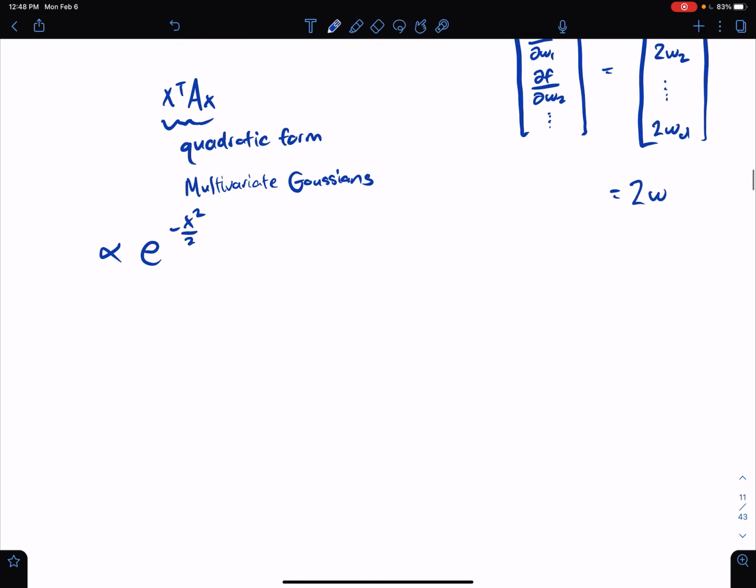It's called a quadratic form, and you should think of it as a mapping from x, let's say x is in R^n.